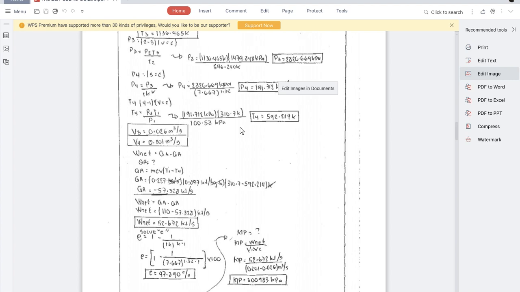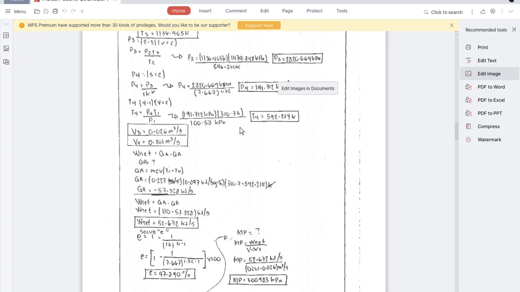And for the efficiency e, the formula for e is 1 minus 1 over rk raised to k minus 1, or 1 minus 1 over 7.667 raised to 1.32 minus 1. And to get the percentage, multiply by 100.